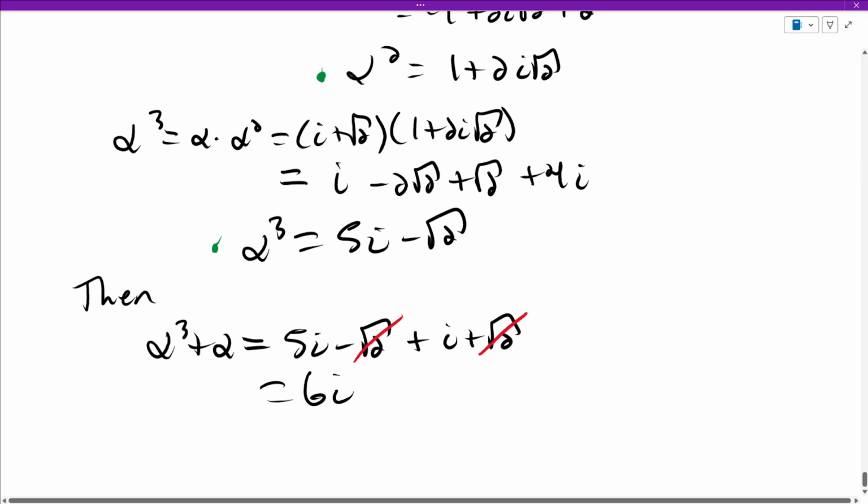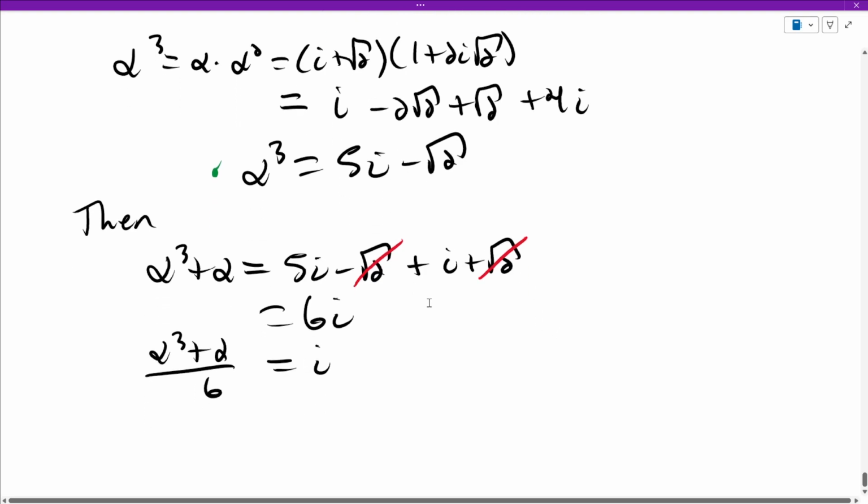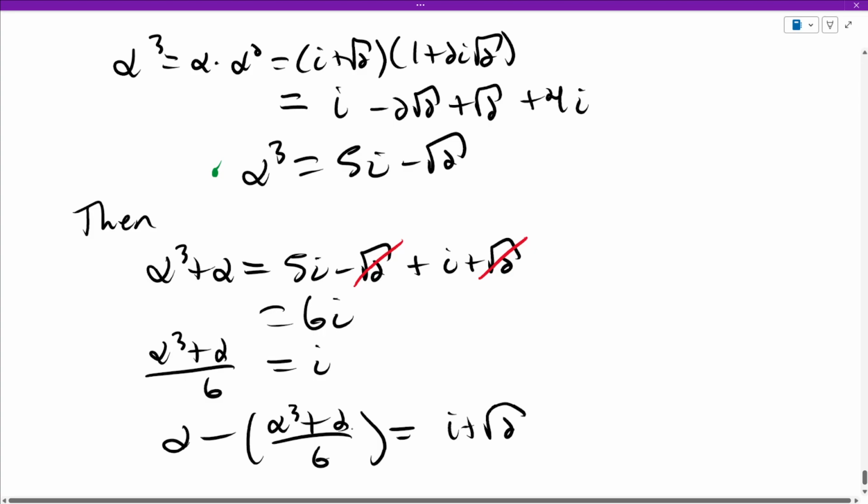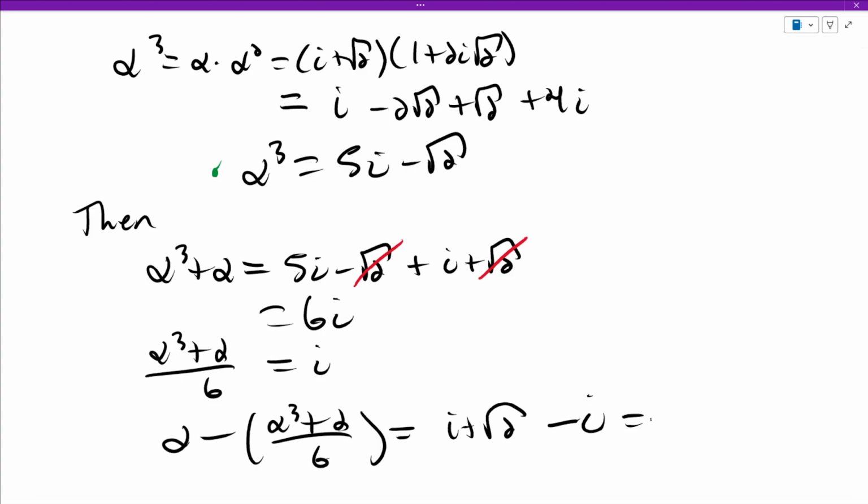That gives us 6i, or said differently, (alpha cubed plus alpha) over 6 is i. Great. Now what happens if we do alpha minus (alpha cubed plus alpha) over 6? Well, alpha is i plus root 2. This is i, so we're subtracting off i, we get root 2.